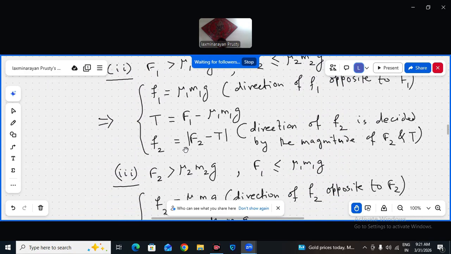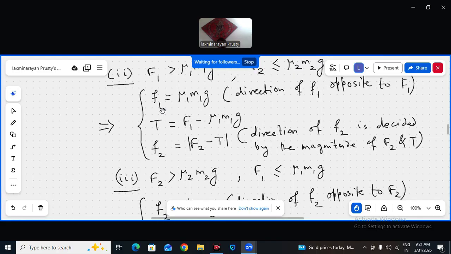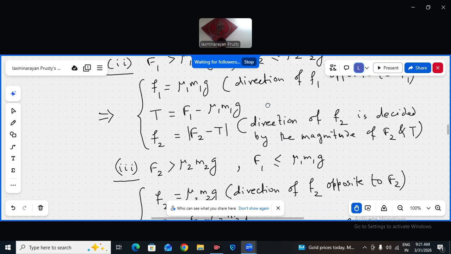Okay, so T is capital F1 minus mu1 m1g. Friction force f1 is mu1 m1g, that is reaching the maximum value, then tension developing. And then small f2, that is the friction force on the other block, will be equal to magnitude of F2 minus T. Direction of f2 is decided by the magnitude of F2 and T. If T is greater than capital F2, then it will be in the direction of F2.